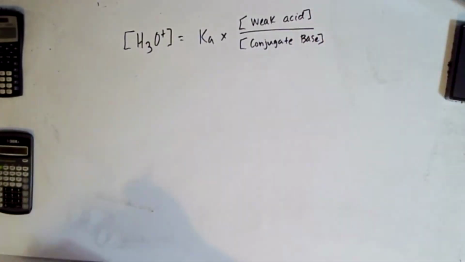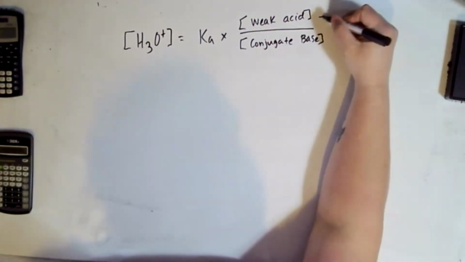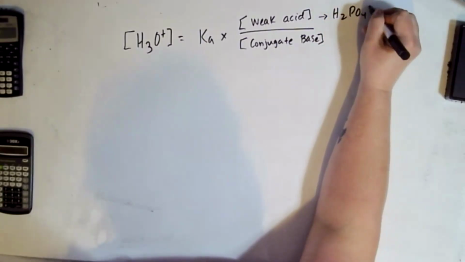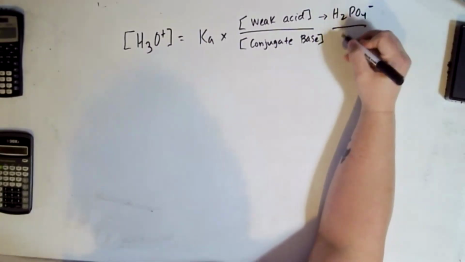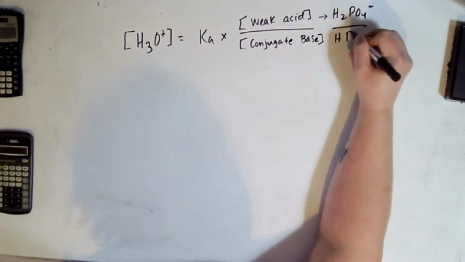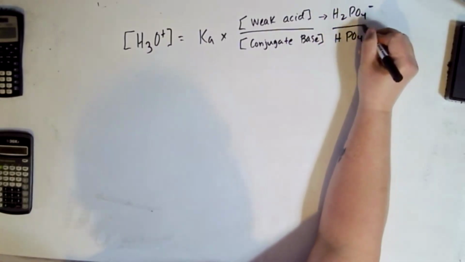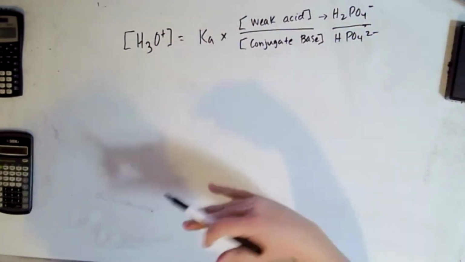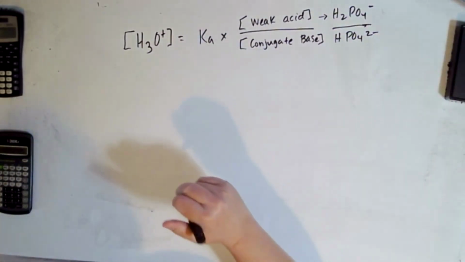It's better if we write it out here anyway. So our weak acid in this case is going to be H2PO4 minus, and our conjugate base is going to be HPO4 2 minus. Our acid is more positive, our base is more negative. That's going to be a helpful way for you to recognize which is which.